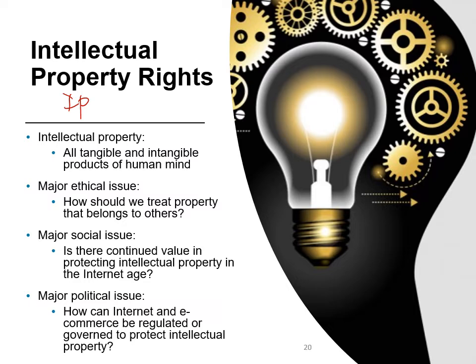So intellectual properties are all tangible and intangible products of the human mind. Tangible means physically you can hold it, or intangible, physically you cannot hold it, like songs, music, all this. Major ethical issue: how should we treat property belonging to others? This is a key question.